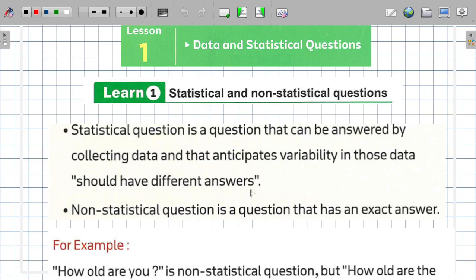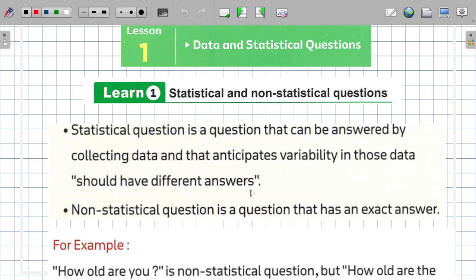This lesson is about data and statistical questions. What is the meaning of statistical and non-statistical questions? A statistical question is a question that can be answered by collecting data and anticipates variability in those data, or we can say it should have different answers.